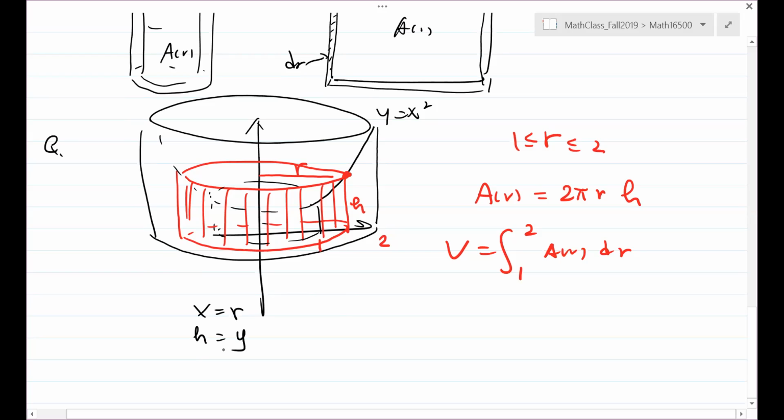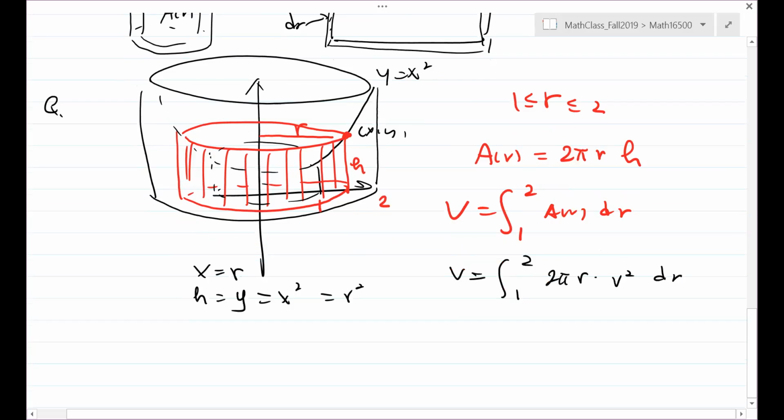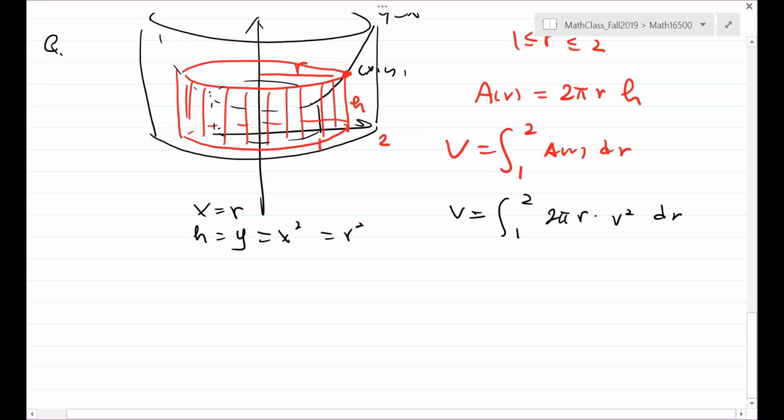From the picture, I can tell that y is x squared, so h should be r squared. So it's going to be 2 pi r times r squared dr. What I get here is r cubed, and the antiderivative of r cubed is a quarter r to the 4th power.